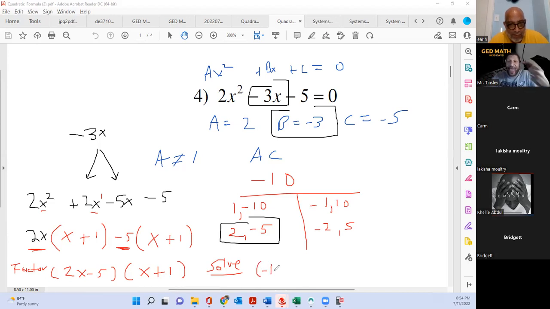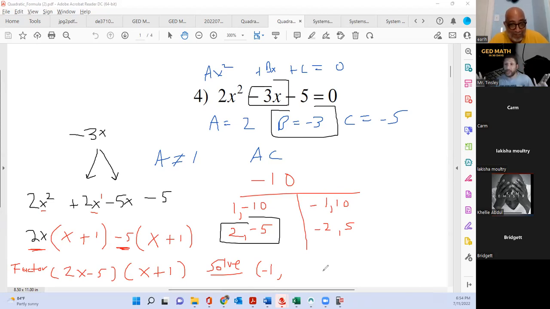What value of x would give us 0? So 1 minus 1 is 0. So how do we find the 0 for 2x minus 5? Don't worry, I'm going to show you. This is what you're going to do. If you put a positive 5 in there, what's 2 times 5? 10. And then minus 5. 5. Did you get 0?